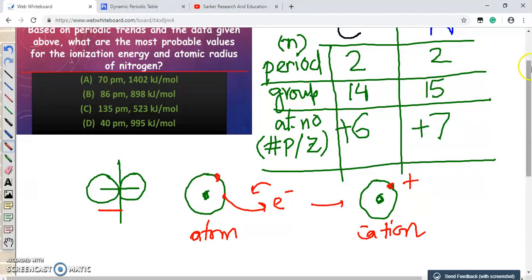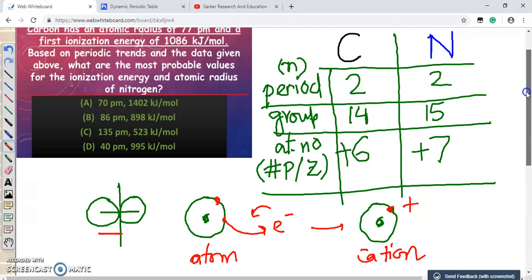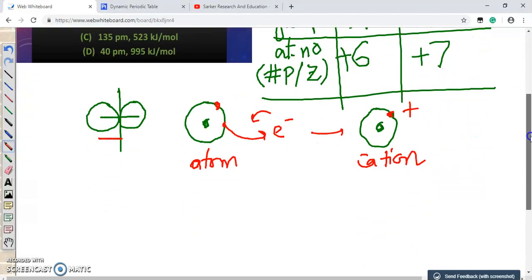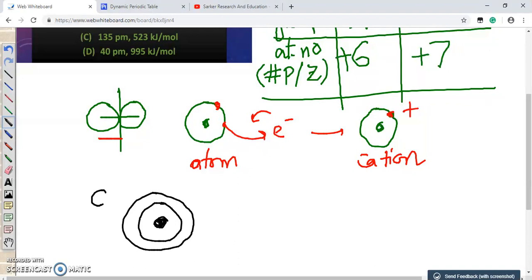Now here we will have to compare the atomic radius and the ionization energy of carbon and nitrogen. For that, let me just draw this out. So this is carbon, this is its nucleus and it has 2 energy levels because its n is 2. Now it has a total of 6 electrons because a neutral atom always has the same number of protons and electrons.